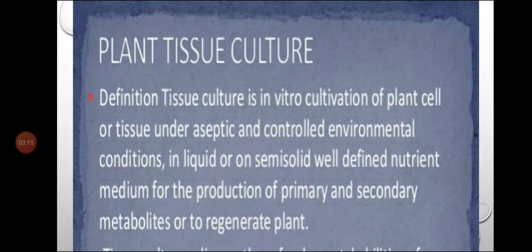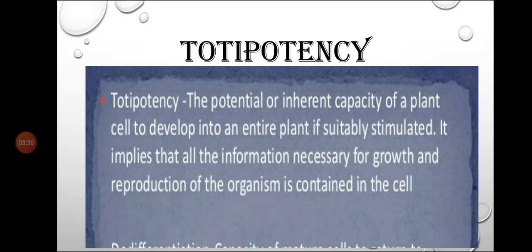Plant tissue culture is based on the principle of totipotency. What do you mean by totipotency? Totipotency means the potential or inherent capacity of a plant cell to develop into an entire plant if suitably stimulated.